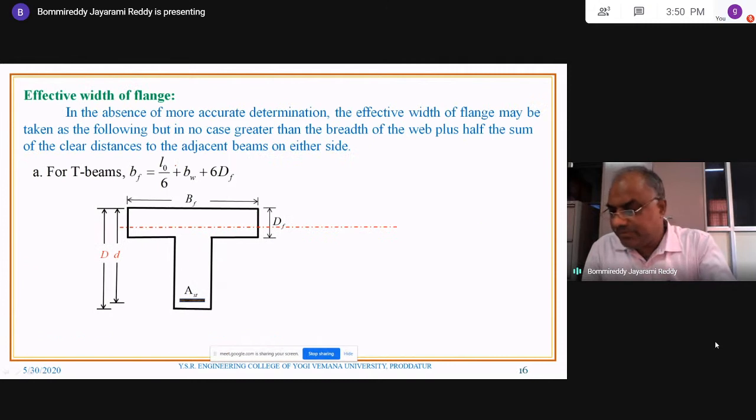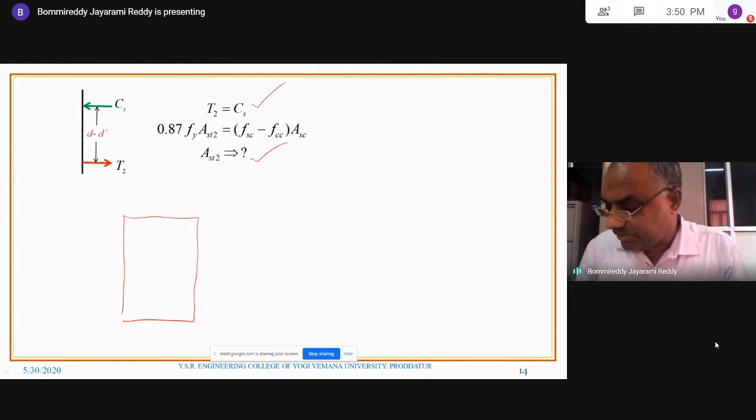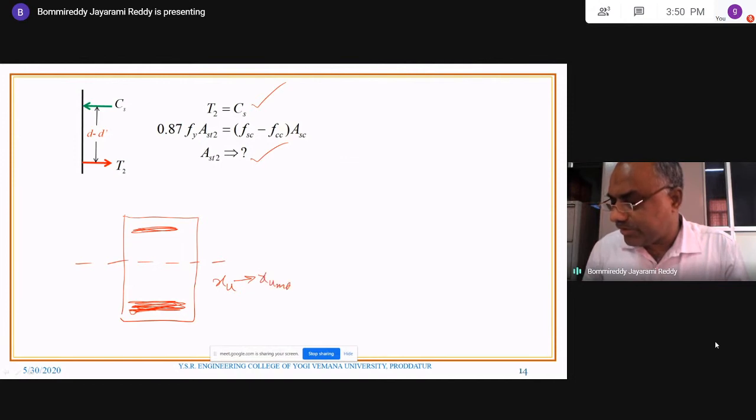In the case of a doubly reinforced section, even if you provide more tensile reinforcement and also compressive reinforcement, what is going to happen here? Xu reaches Xu maximum, that is balanced.